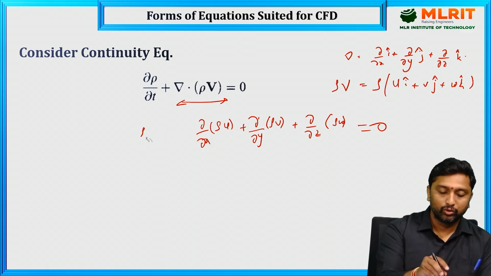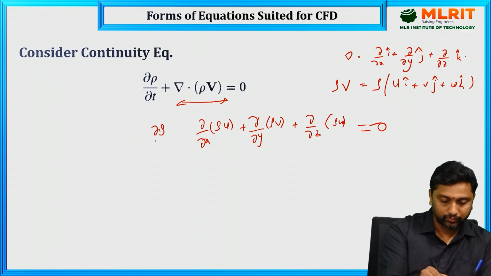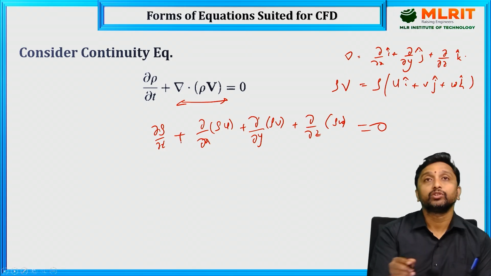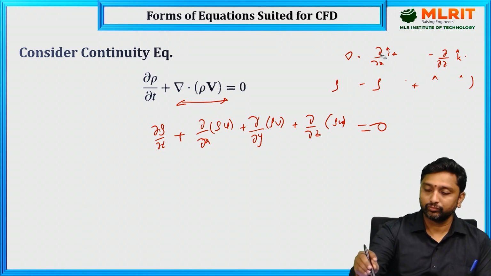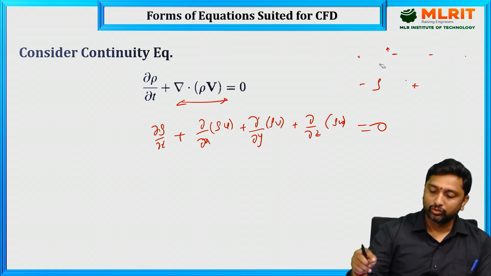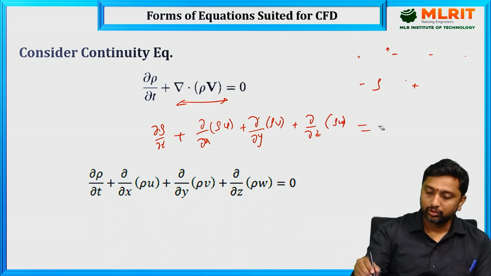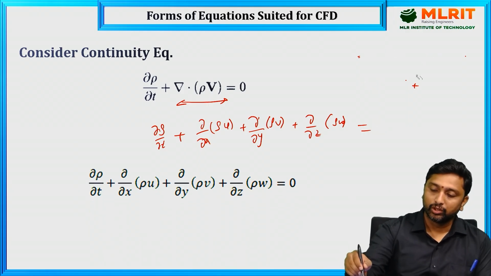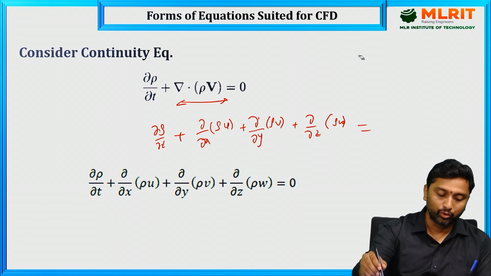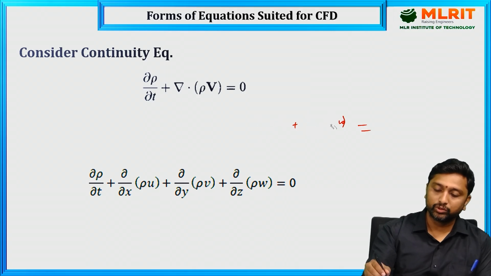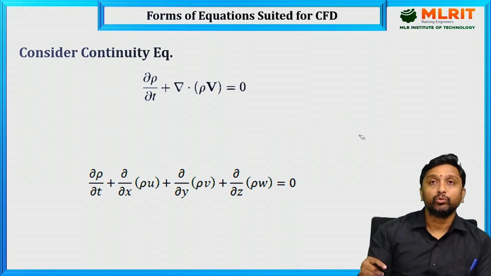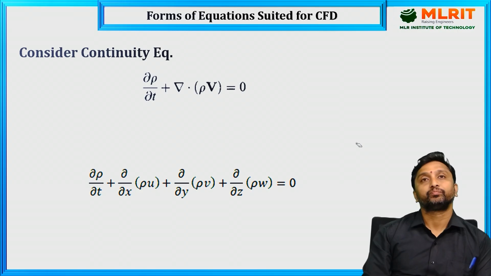Dou rho by dou t plus the divergence of rho v equals 0. Okay, so that is what you can note down, the equation, which is dou rho by dou t plus dou by dou x of rho u plus dou by dou y of rho v plus dou by dou z of rho w equals 0.